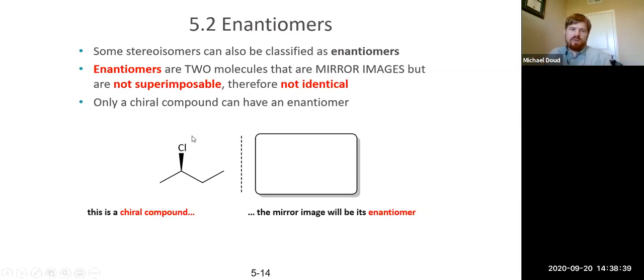So like here, we take this 2-chlorobutane. If you take the mirror image of it, this is going to be its enantiomer. And sure enough, if you try to imagine flipping this one so that it matches up with this compound here, that chlorine is going to stick into the screen and this chlorine sticking out of the screen, you'll never be able to superimpose them. So they are different.